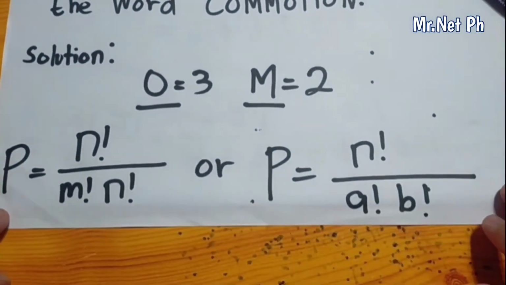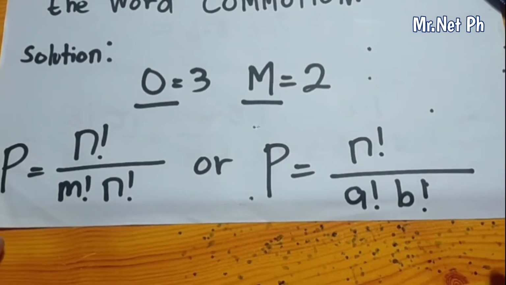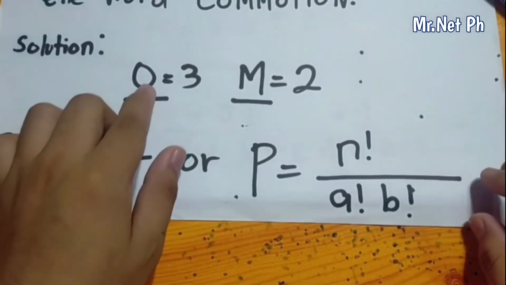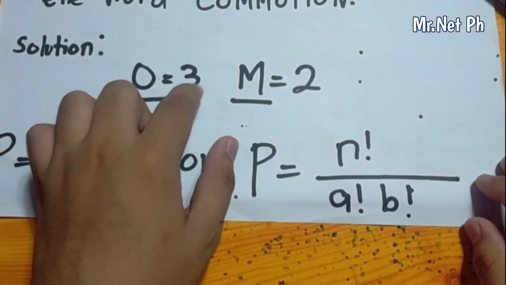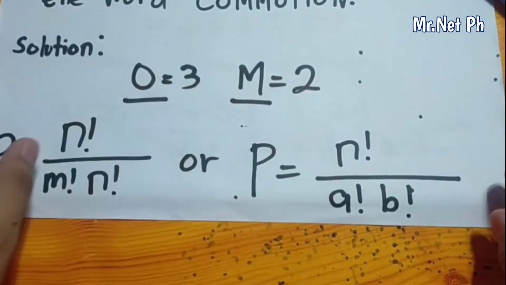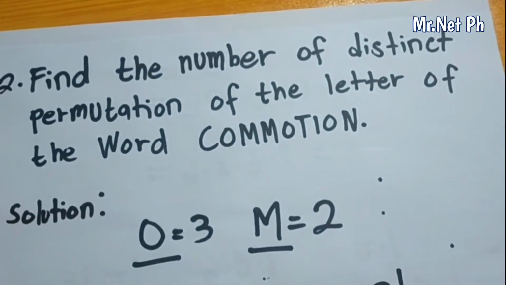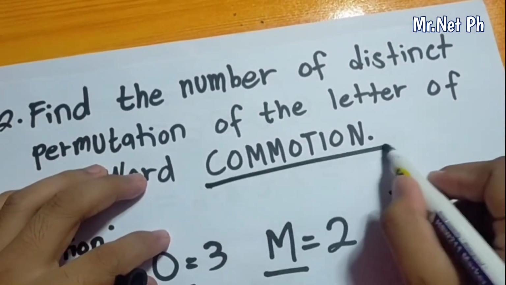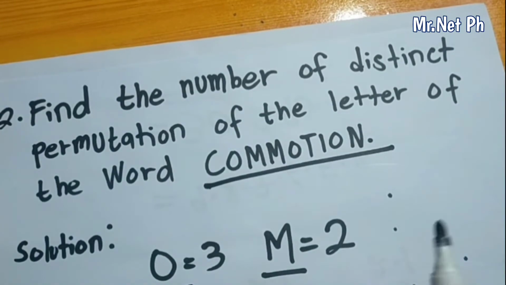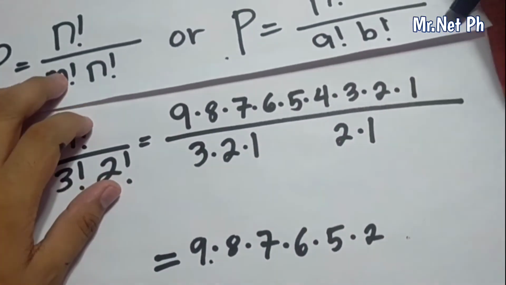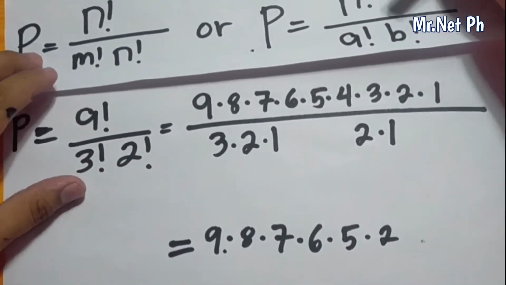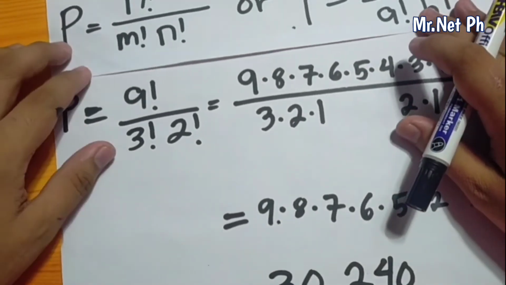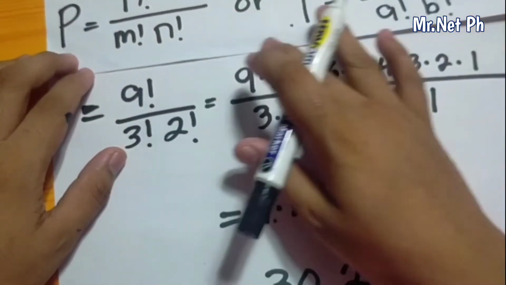So, gaya ng sinabi ko, ito ang ating formulang gagamitin. So, O is equal to 3. M is equal to 2. Highlight natin siya, from the word commotion. So, let's compute. So, P, so i-substitute natin.